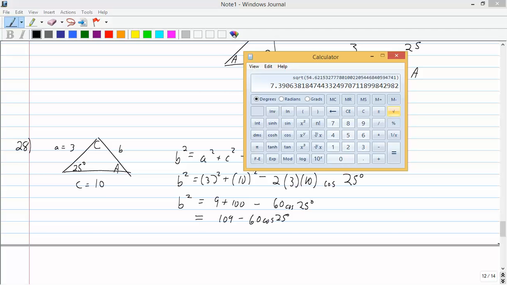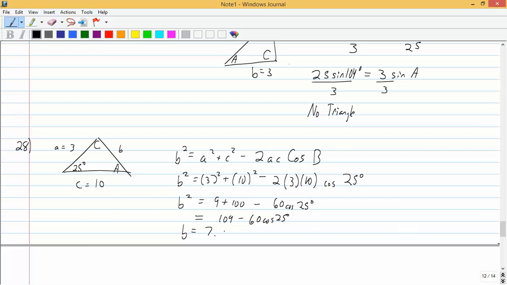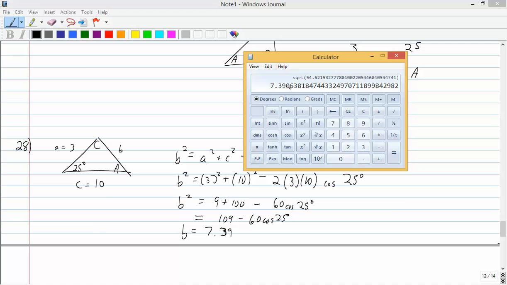So b is equal to, and I'm going to write this out because I'm going to have to use b in another formula. We can round this to whatever we need to round it to, but keep in mind that if we do have to use it in another formula, we want to try to keep it a little more exact. So I get b equals 7.39, and then I'm going to carry it out a couple more places, 0.638.